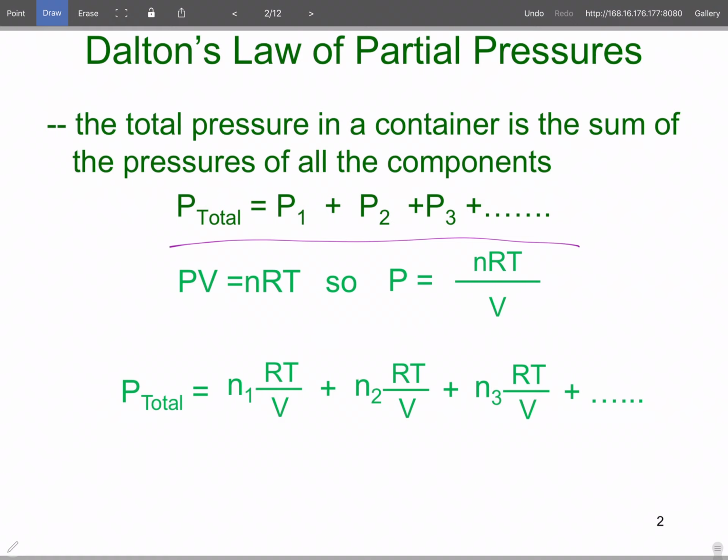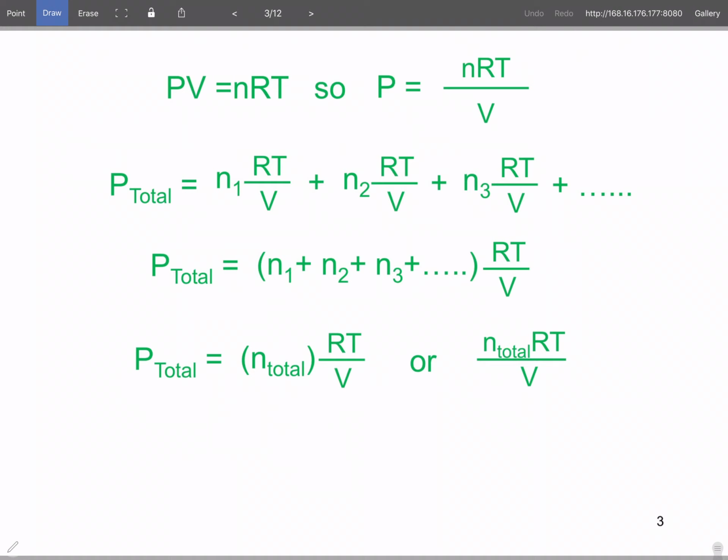So basically what it boils down to is if you look at PV equals nRT, the only thing that's varying are the moles for each component. But the R and T and V, since they're in the same container, same volume, same temperature, are constants. So if you look at this, and we can walk it through, we did this already.